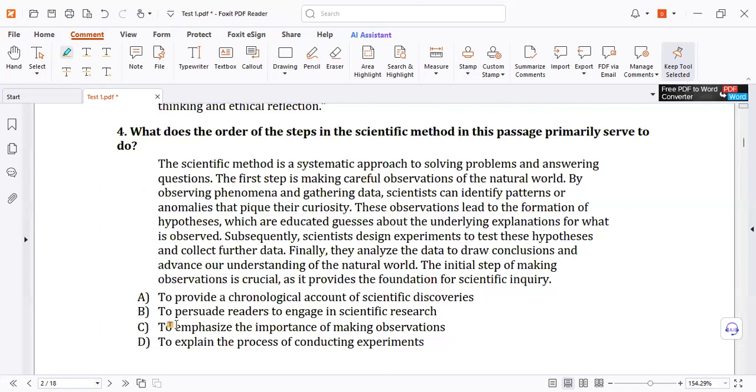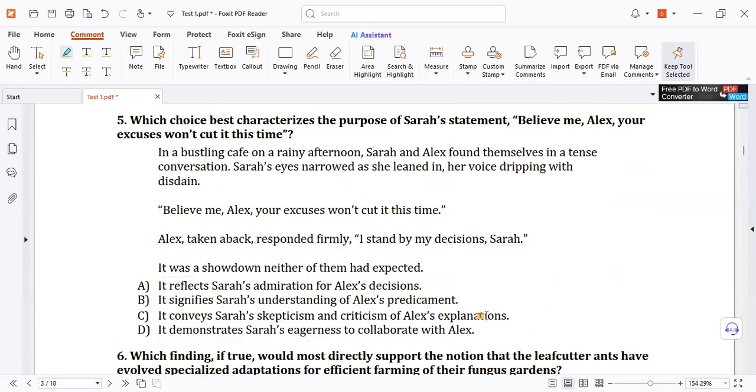Letter C, correct. Is it letter C? Letter C, correct.